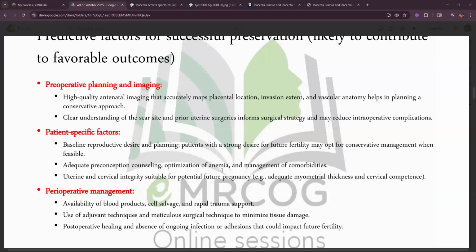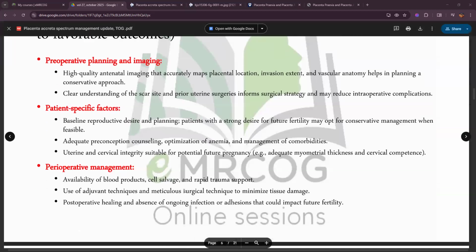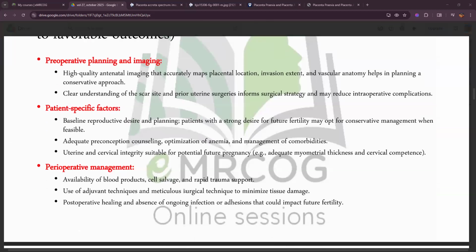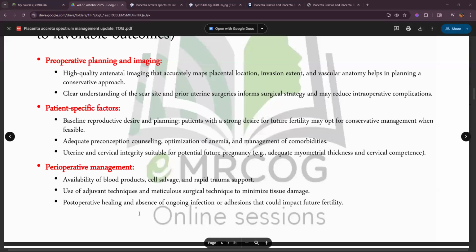Is she anemic? Does she have any other comorbidities that can make the surgery very difficult? Perioperative management is already the same as for any other patient, but for her, we are going to add availability of cell salvage and rapid trauma support.